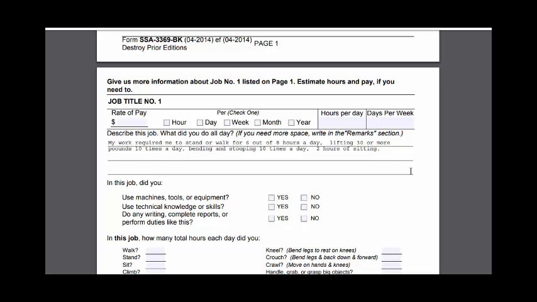You could say, I was an over-the-road truck driver and my work required me to sit in the cab for 6 hours a day, and then once I get to the delivery site I need to help unload, which requires me to lift more than 50 pounds 30 times a day, things like that, with specifics.